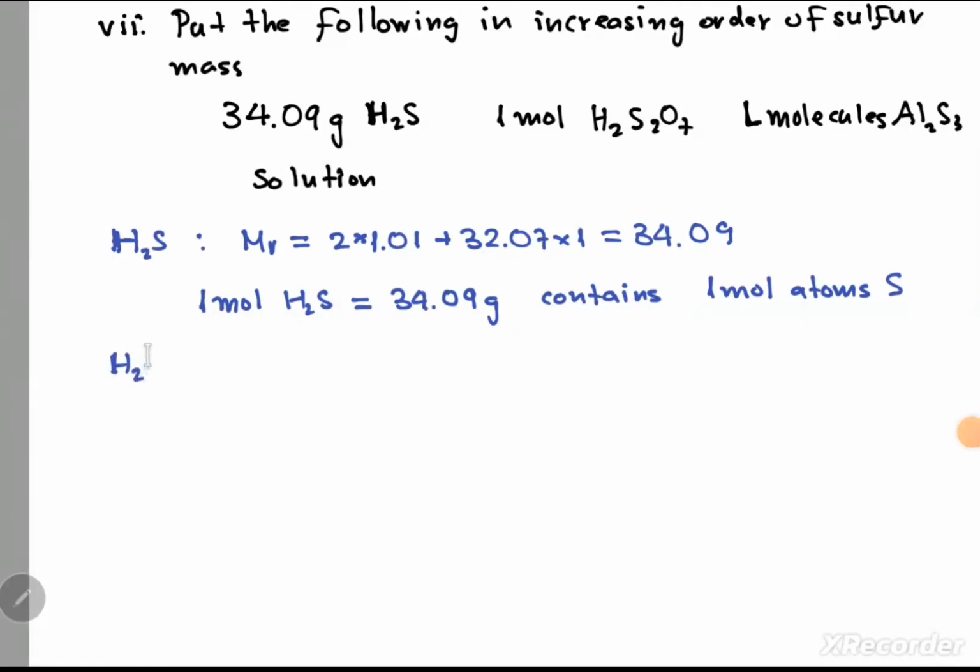The next compound, hydrogen 2, sulfur 2, oxygen 7, 1 mole contains 2 mole of sulfur atoms.